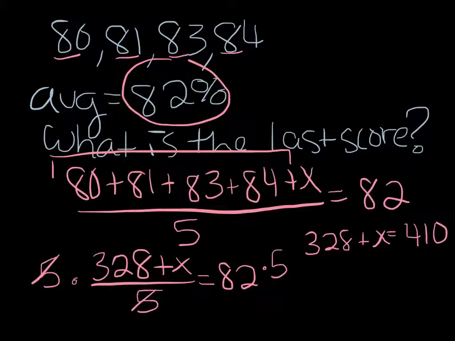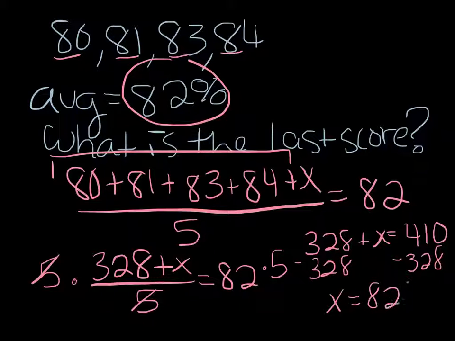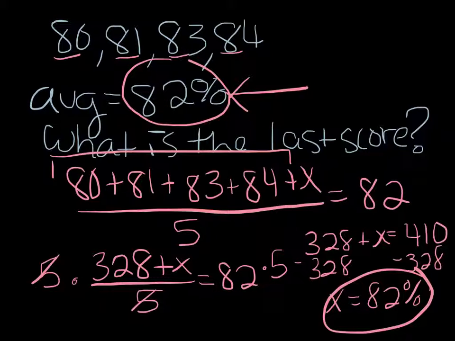And then we're going to take 410 and subtract the 328. So x is going to equal 82. So that means you need to get an 82% on your last test in order to have an 82% average in the class.